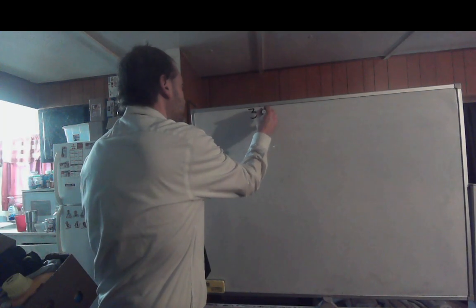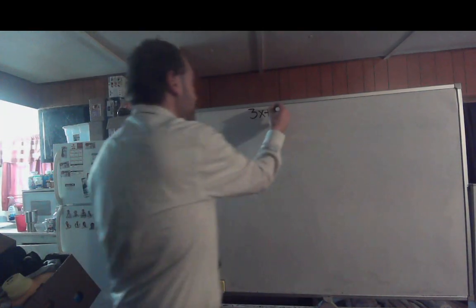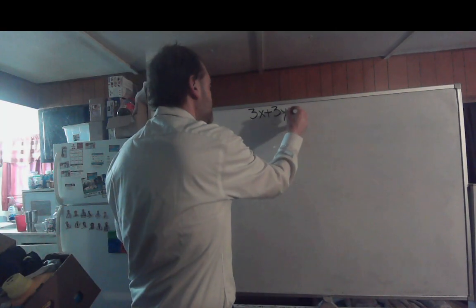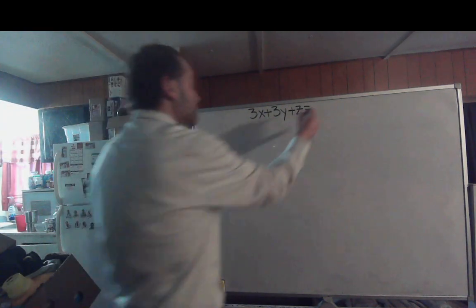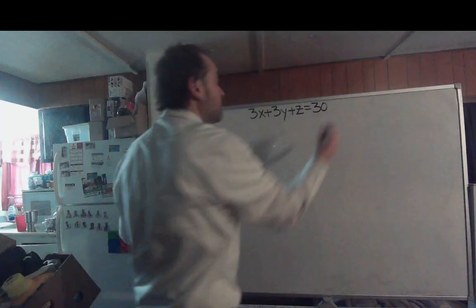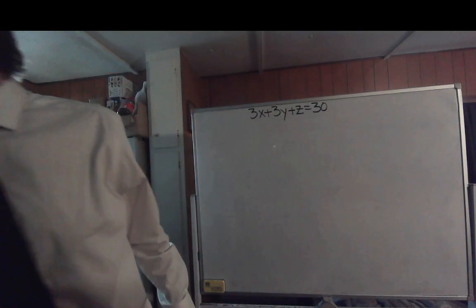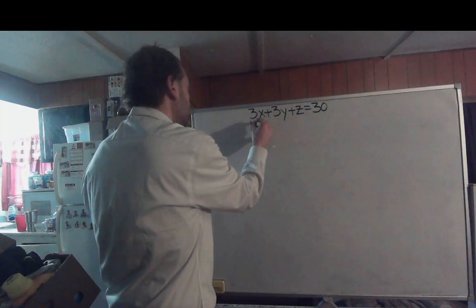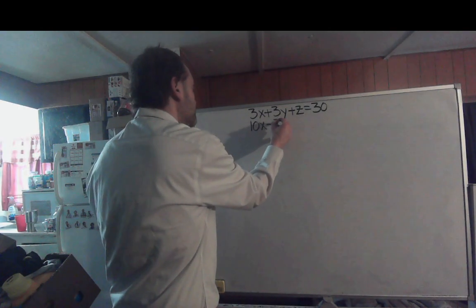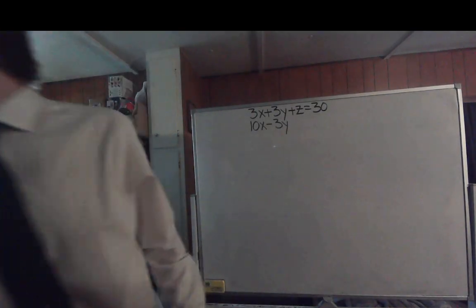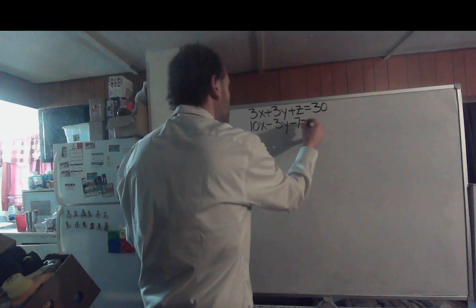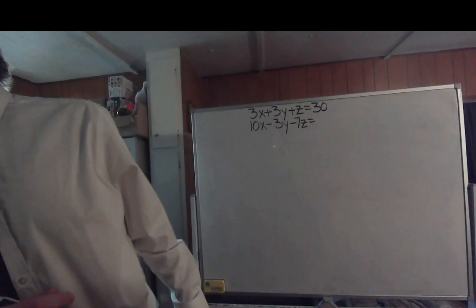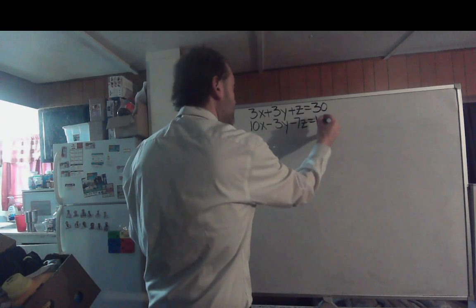Alright, so we have 3x plus 3y plus z is going to be equal to 30. Then we have 10x minus 3y minus 7z is equal to 17.